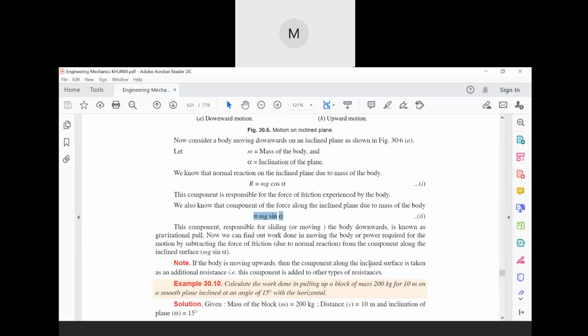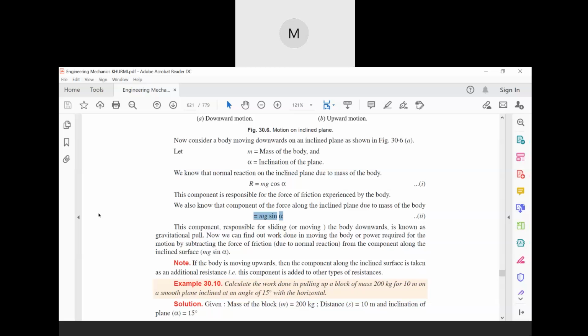So the component of force along the inclined plane of the body is mg sine alpha. This component is responsible for sliding or moving the body downwards and is known as gravitational pull. One is cos, the other one is sine. The normal direction R is equal to mg cos alpha.